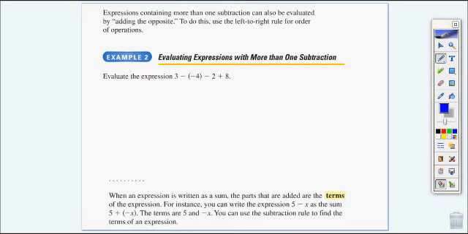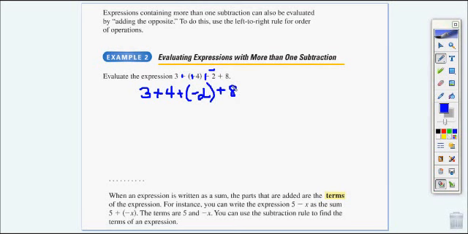I'm going to magnify it on mine. We have 3. We're going to add the opposite. So now I have adding, and my -4 changed to the opposite, which is 4. Add the opposite. So now I have adding a -2. And then we have that plus 8.